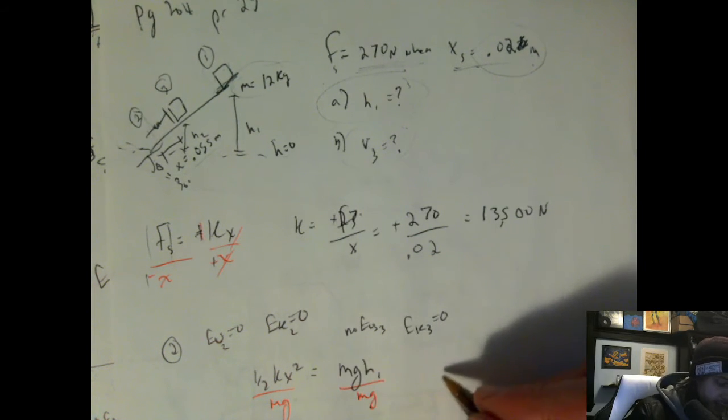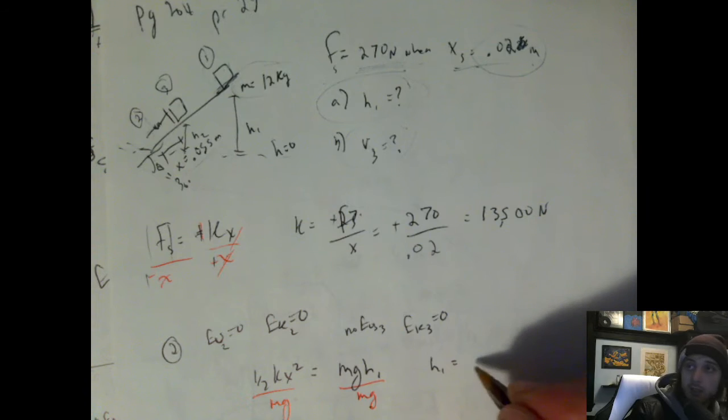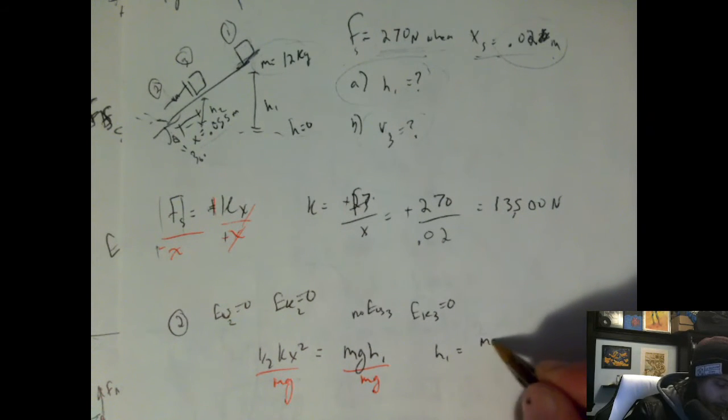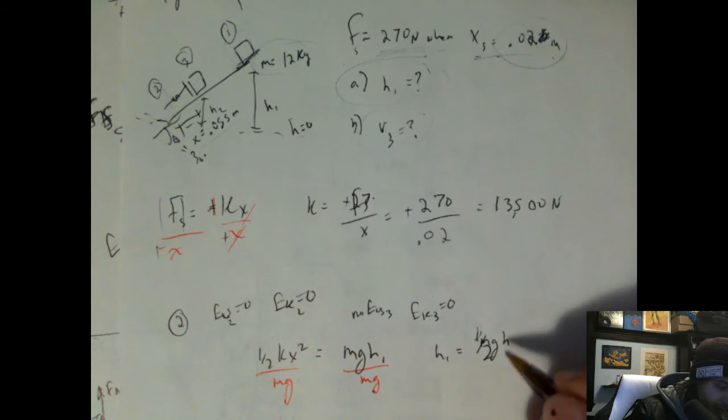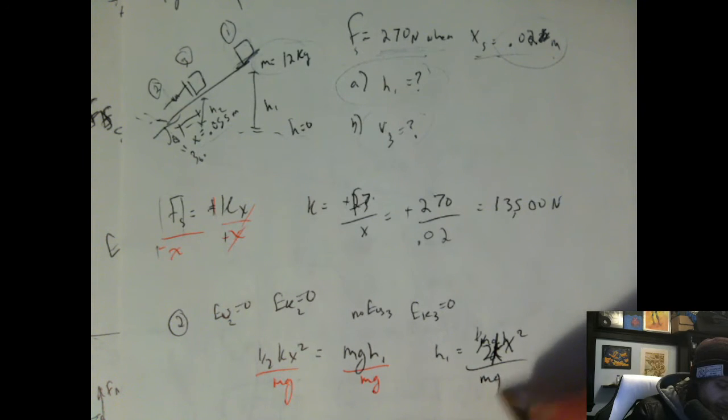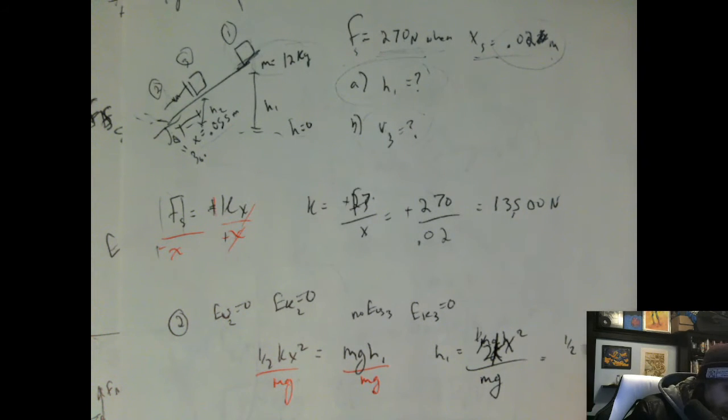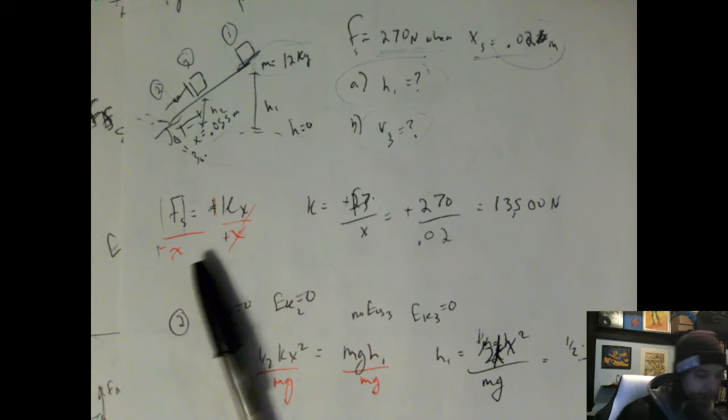And we'll get that h1 is equal to 1/2 kx squared divided by mg, which is 1/2 times 13,500 times 0.055 squared divided by 10 times 12. And I flipped the m and the g there.